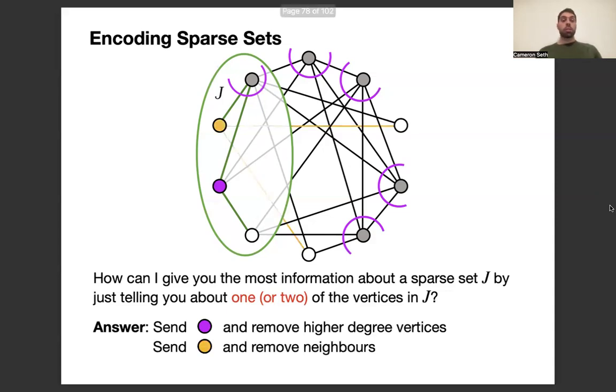This time I might send you the yellow vertex and tell you to remove the neighbors, and doing that, you'll remove these two other vertices. So what's happened here? This time, instead of sending one vertex, I've sent you two vertices as well as a bit for each vertex to tell you which operation to do. Using that, you can remove all these vertices and figure out that my independent set is mostly contained in what's left, which is just these three vertices.